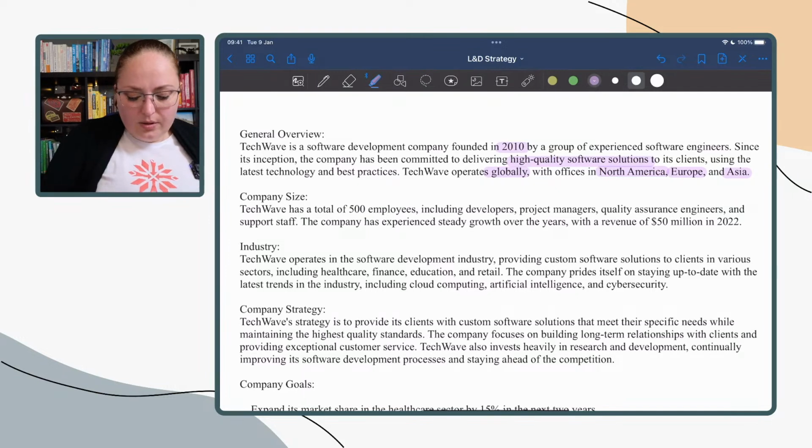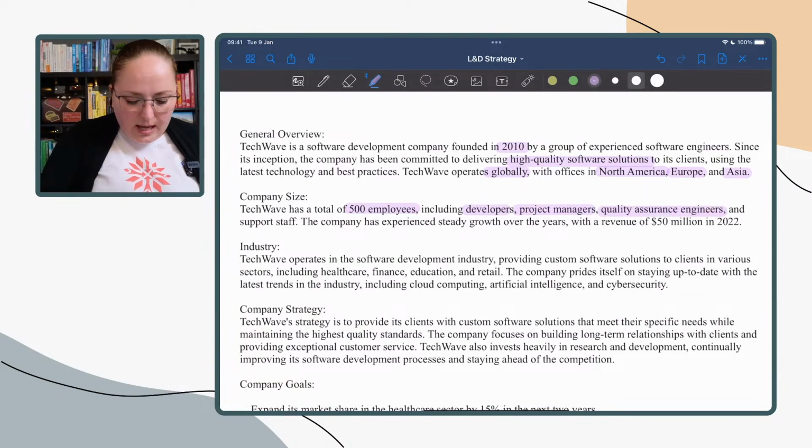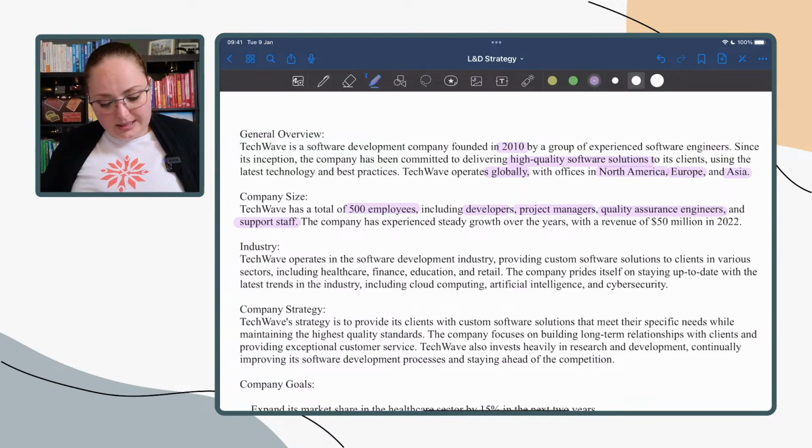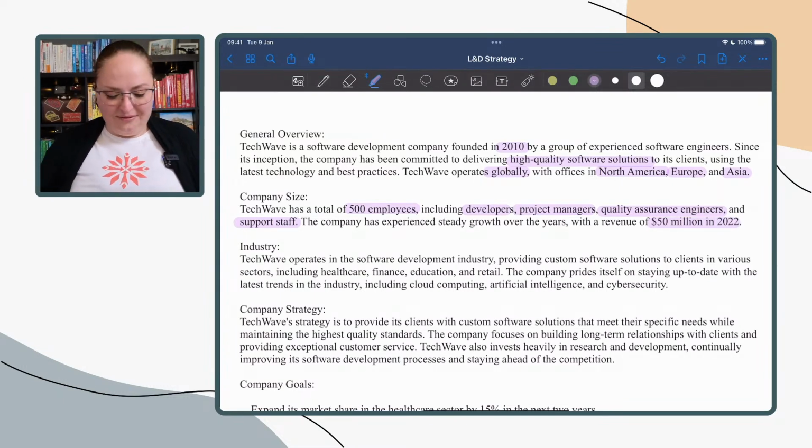Company size has a total of 500 employees, including developers. Okay, this is important. So we have developers, project managers, quality assurance engineers, and support staff. Good. The company has experienced steady growth over the years with a revenue of 50 million in 2020. Hey, go Techwave.